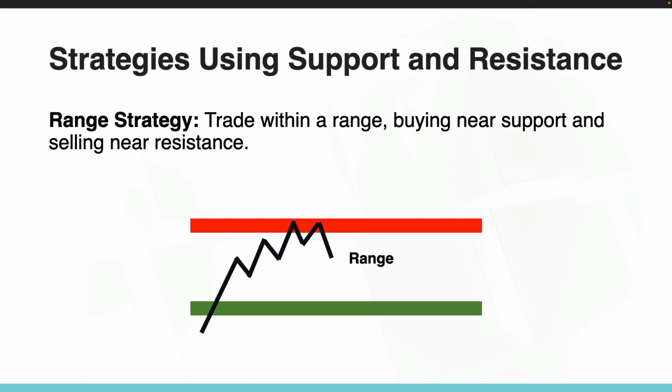And then for a range strategy, it's basically a consolidation that we have here in a range, and we can trade within the range by buying near the support and selling near the resistance. And then you can take a look at this image over here. So those are the basic entry strategies based on support and resistance.